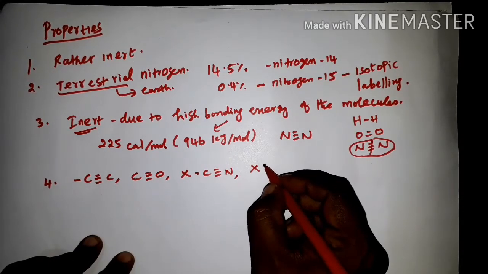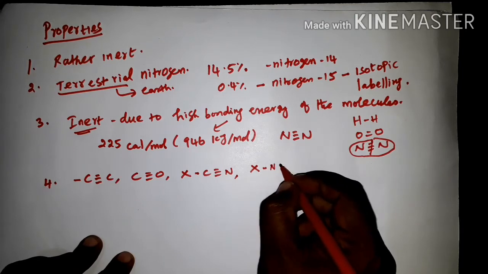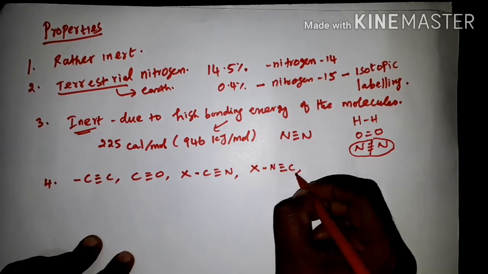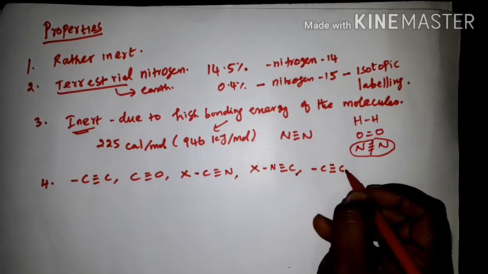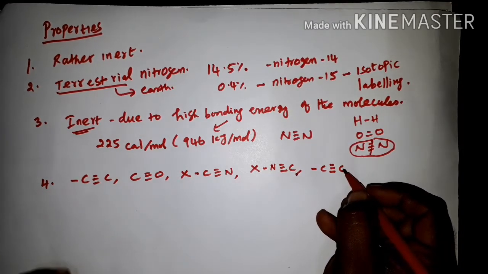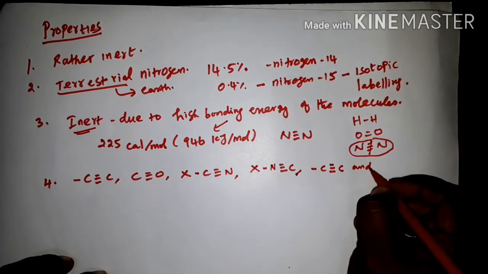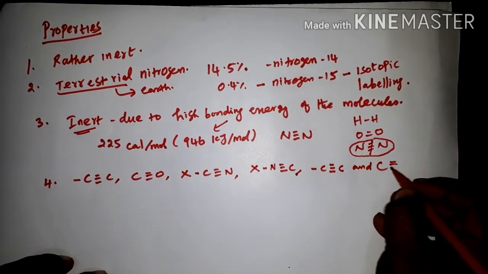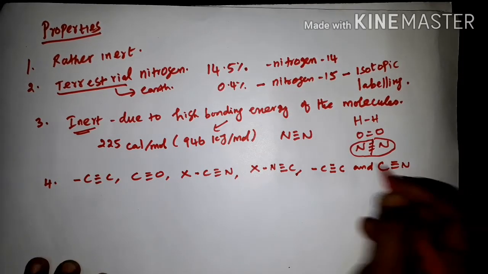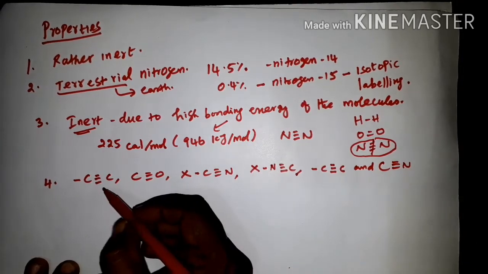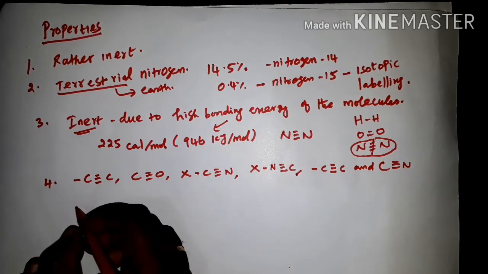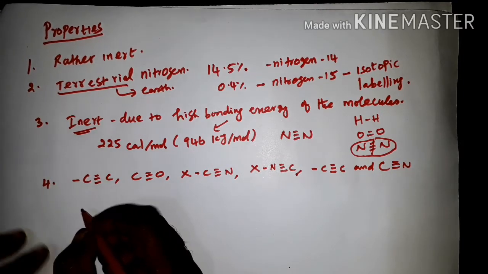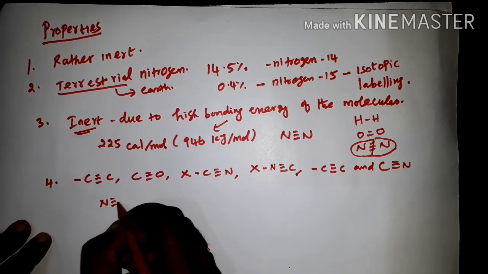Then halogen, N triple bond carbon, then carbon triple bond carbon, and carbon triple bond nitrogen. So these are some species. They are also having triple bond, but comparatively this nitrogen, see here, nitrogen triple bond nitrogen.